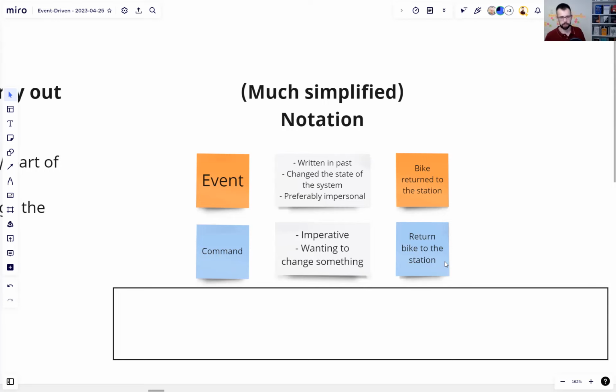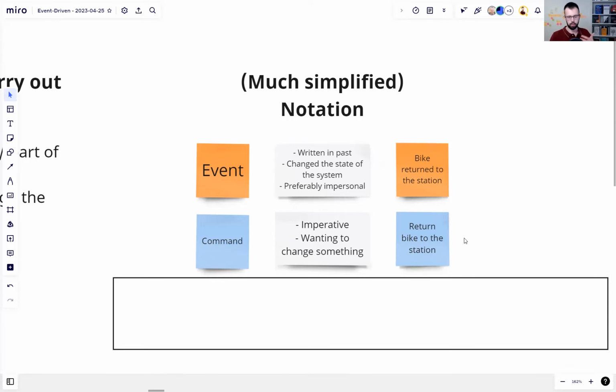Sometimes, not always, but usually, when you have one command, it ends up with the event. And of course, we can have different information about what kind of constraints, what kind of logic is between this command and event, but we'll omit it for today's workshop.